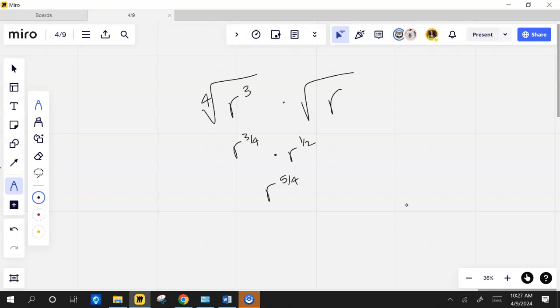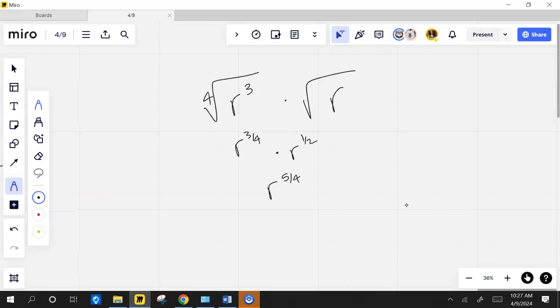Before I simplified, I got r to the 5 over 4. Is that what y'all got? Good.